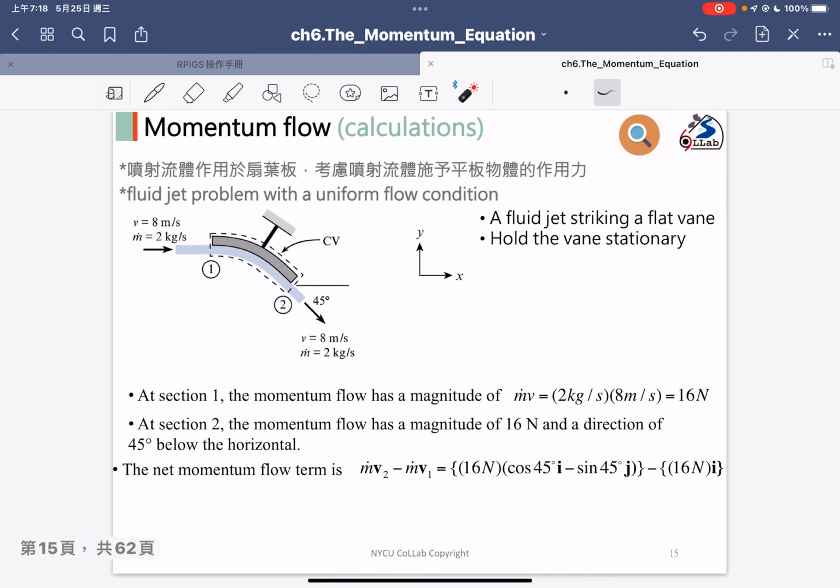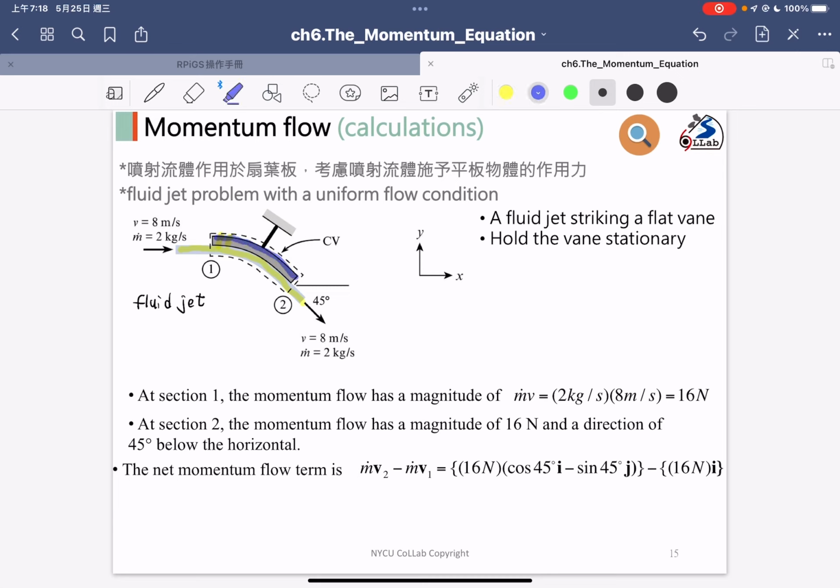Okay, and this is one example to highlight the momentum flow. As we can see, we have the fluid jet. The yellow line shown here, we call the fluid jet. And then we have the fan here.